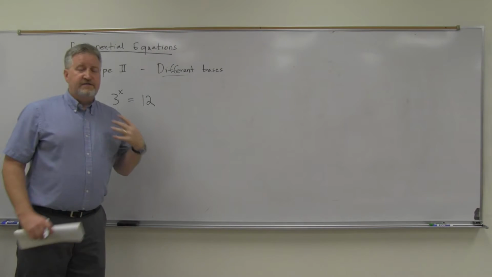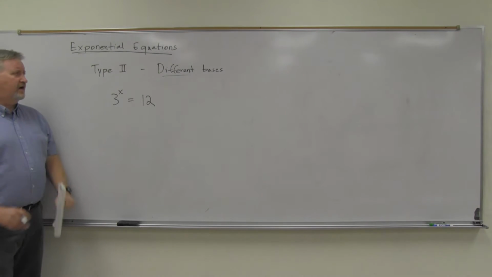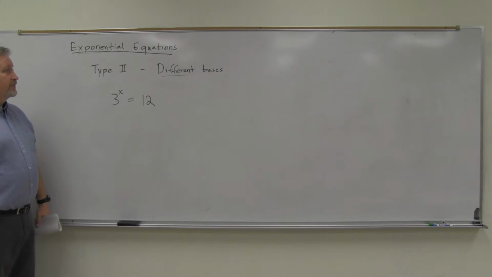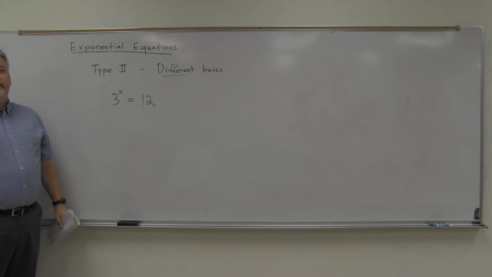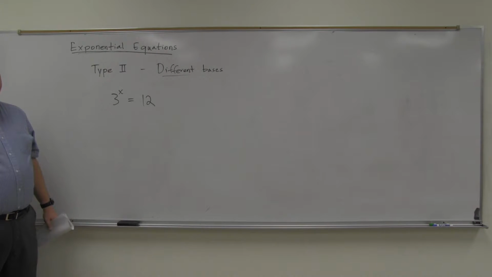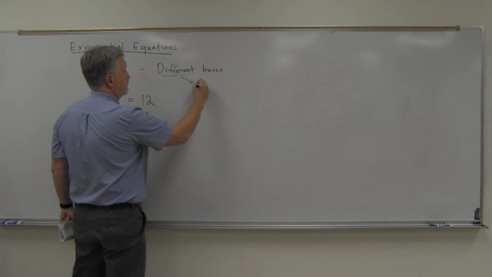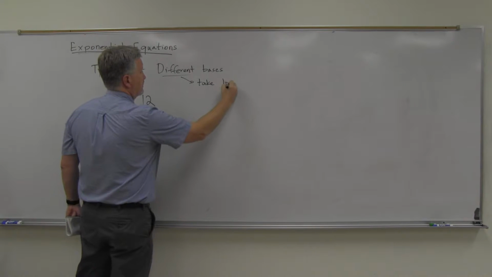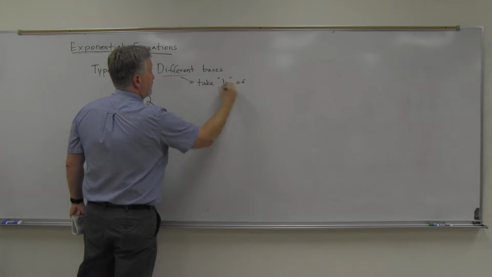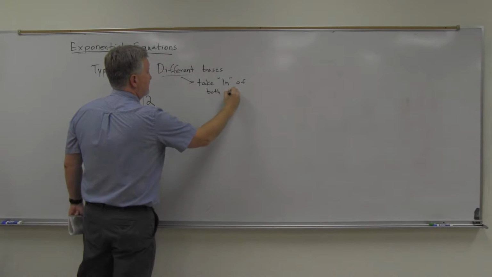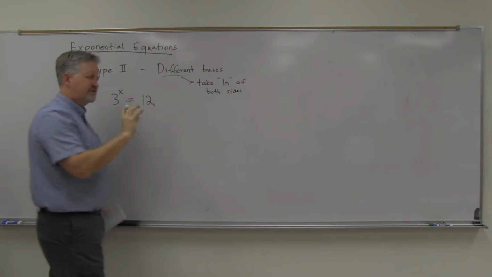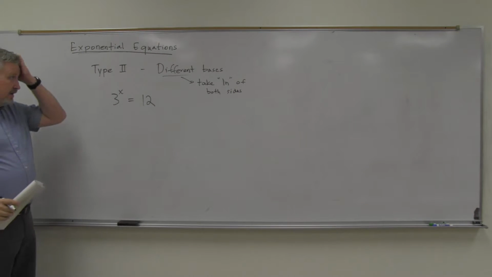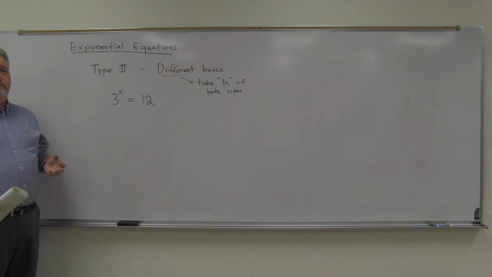Well, the general rule here, the technique, when we have different bases in these exponential equations, is to take the ln of both sides. Now there's a few little restrictions on when you can do it, but take the ln of both sides.